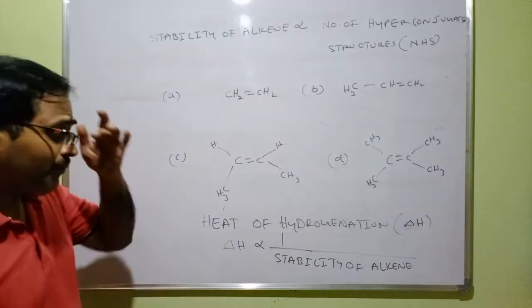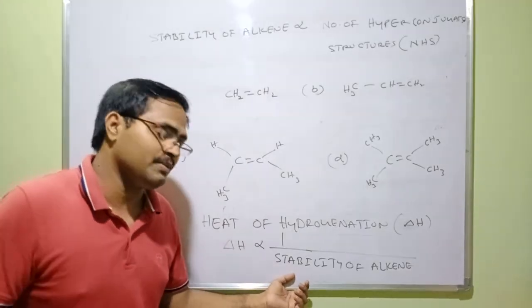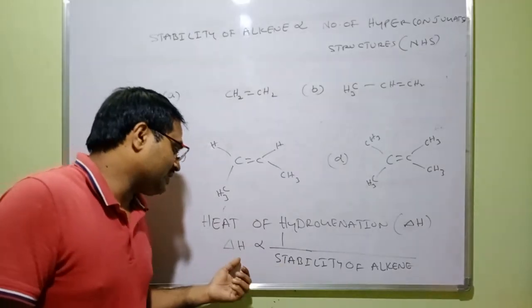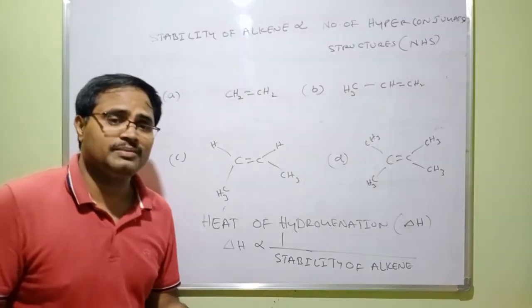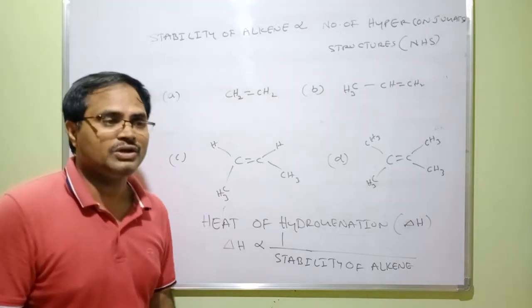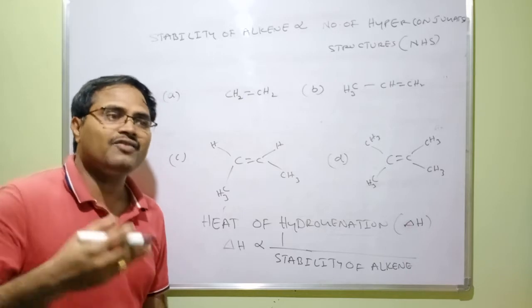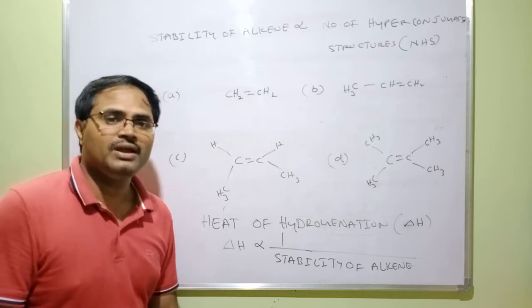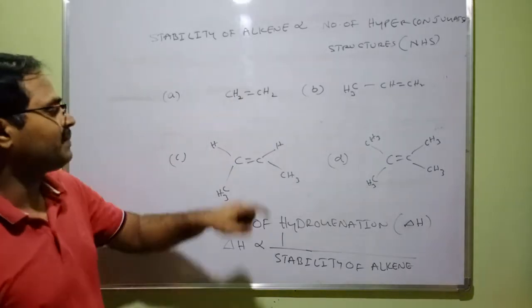So first you should be able to understand the stability. If you are able to understand the stability, automatically you will understand heat of hydrogenation. Got it? Again, how will you understand the stability? Again, depending on the number of hyperconjugated structures. The higher the number of hyperconjugated structures, the higher the stability of the corresponding alkene. So how many hyperconjugated structures for option A?